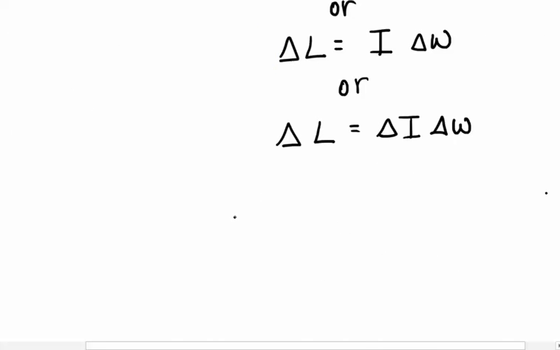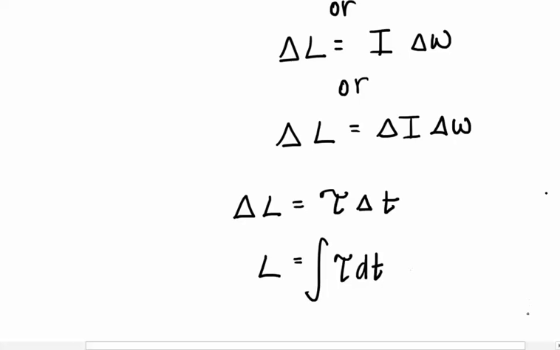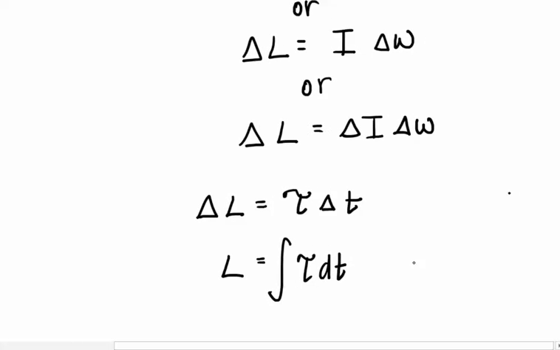So change in angular momentum would occur because there is a torque applied over time. Or we could write it as the change in angular momentum is the integral of torque dt, which is also like torque is equal to what?